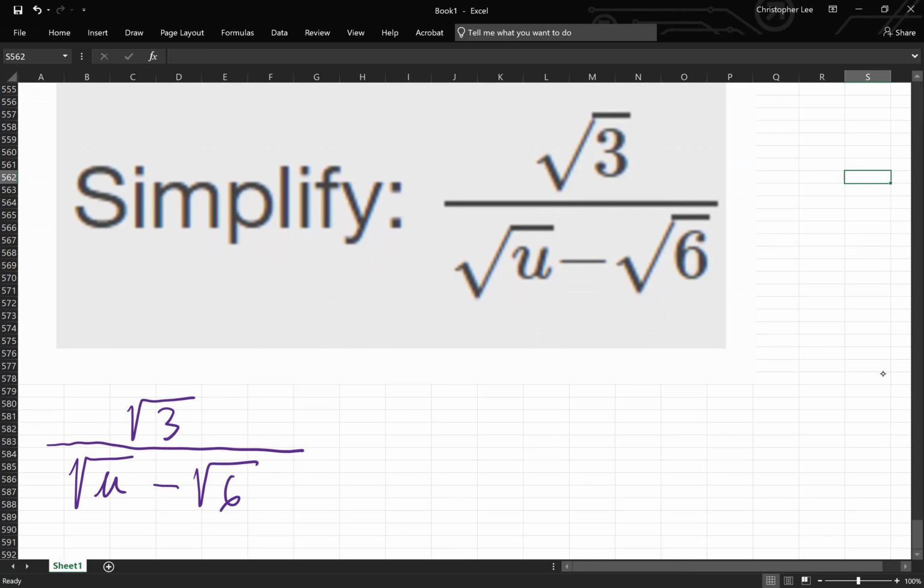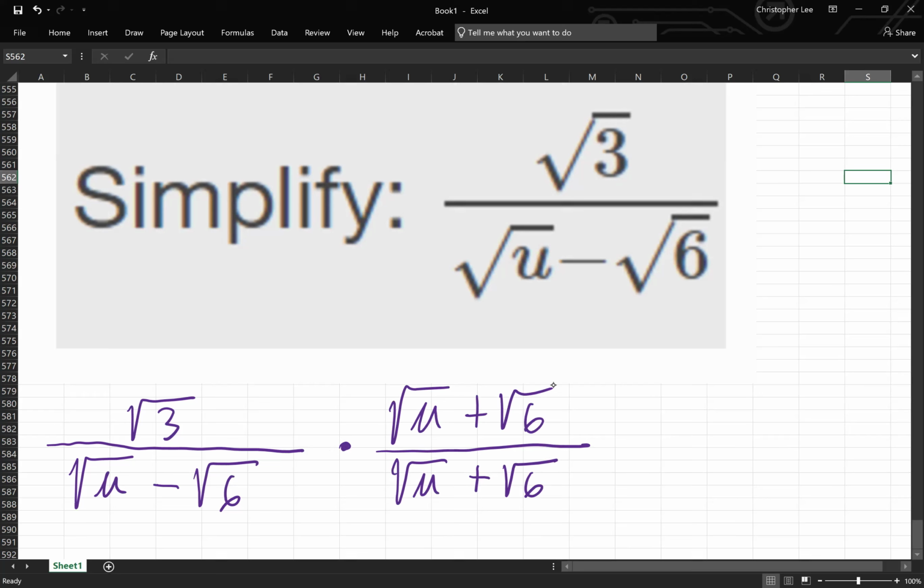Worse, I have two radicals in my denominator. So I got to rationalize this. So I'm going to multiply this by what? Square root u, not minus, plus the square root of 6. You want to multiply it by the conjugate. But we got to be fair. What we do to the bottom, got to do to the top: square root u plus square root 6. And then let me put it in parentheses just to make it pop a little bit.